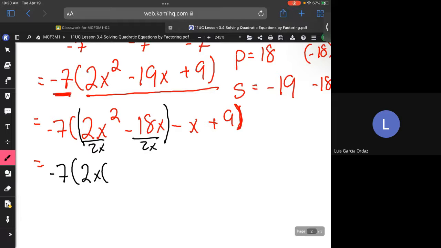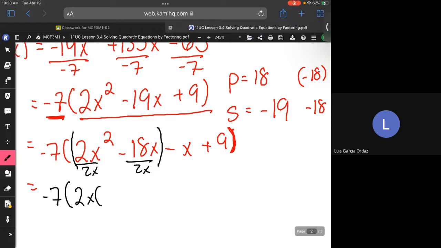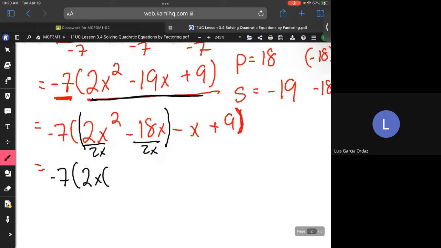If I put in the -19x, I'm just left with the same thing over here, so I can't really do anything. So what's left in my bracket? Yep, x minus 9.